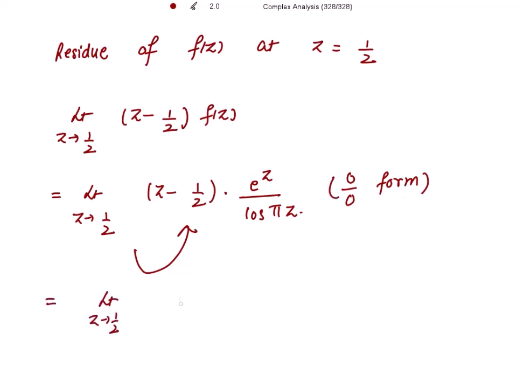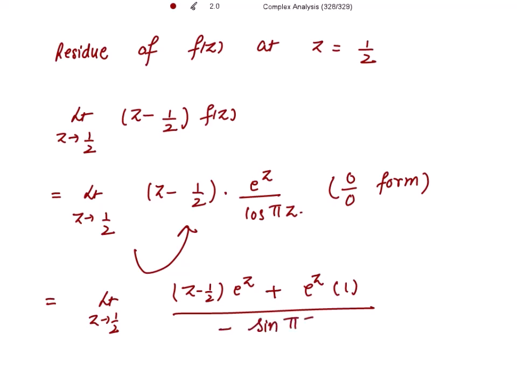Differentiating the numerator with respect to z, we get first function times derivative of second plus second function times derivative of first, divided by the derivative of the denominator, which is minus sin(πz) times π.